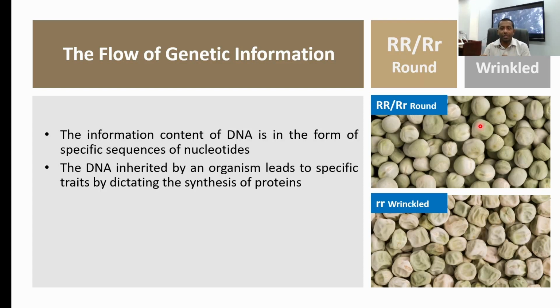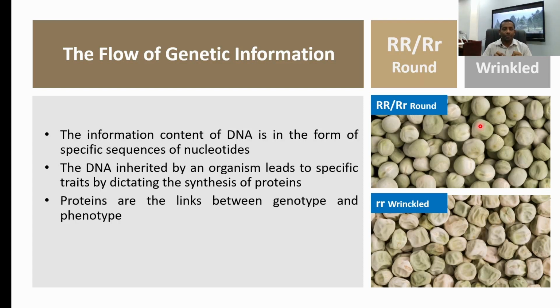What type of proteins are produced is determined by that particular information. So the resulting protein acts as the link between the genotype, or the information stored in DNA and RNA, and the phenotype.